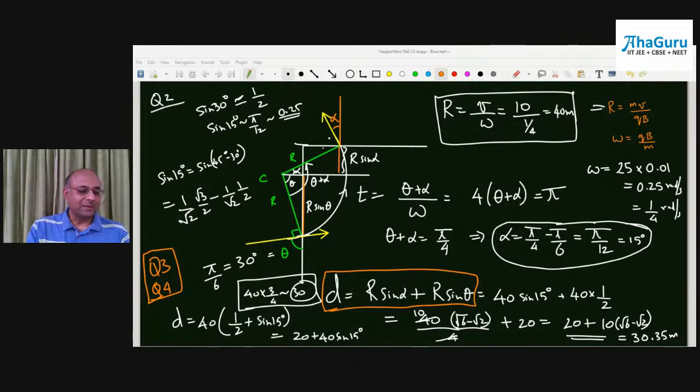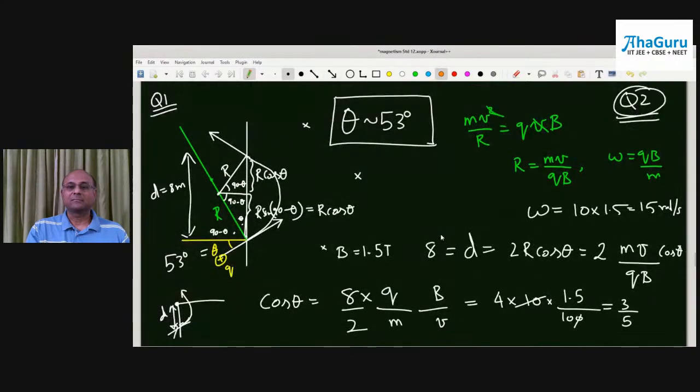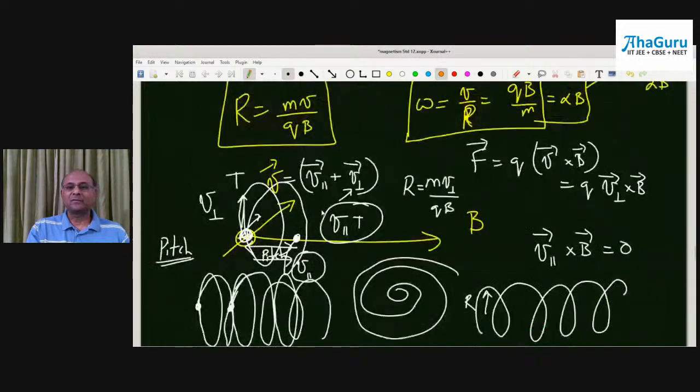Siddharth Balaji is asking, why can't we apply D equals 2 mv cos theta by qB? He's asking about the D question. That was done here. Like we did here, right? So this distance, like here also we have done.